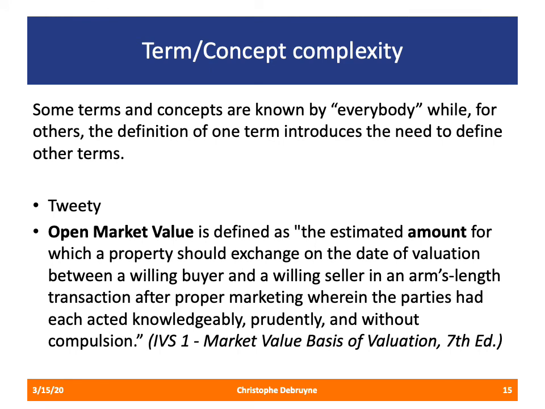Open market value has been given a definition from a particular reference work, this one, and it's quite complex. I will not go over the whole definition, but you can see here that the definition refers to other terms such as amount, property, willing seller, and whatnot, which might need to be defined as well in order to properly comprehend that definition.